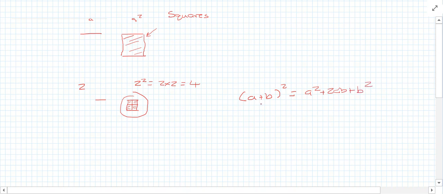All you do is multiply it out: a plus b, a plus b, that's what it means. So you're multiplying this by this, this by this, this by this, and this by this.